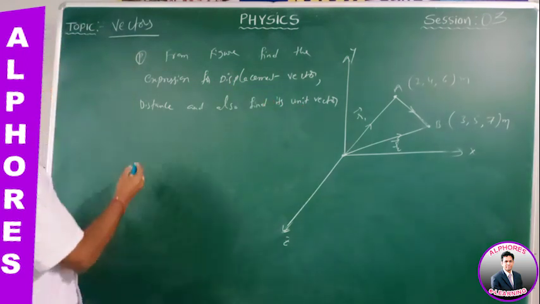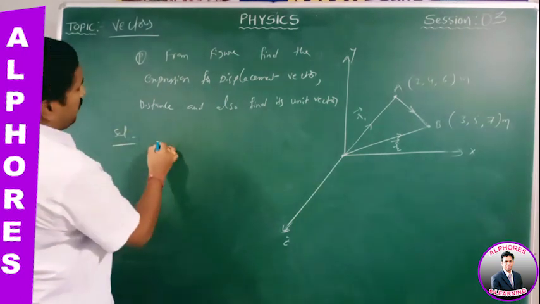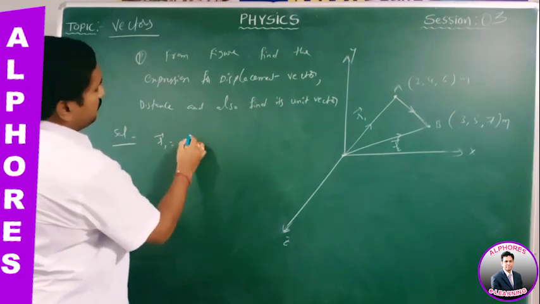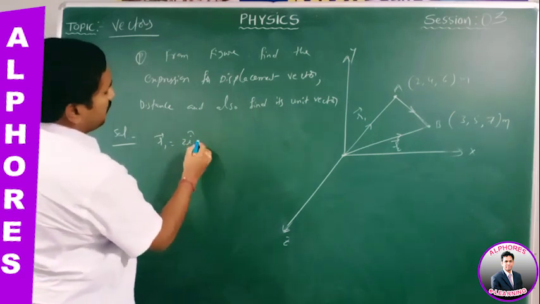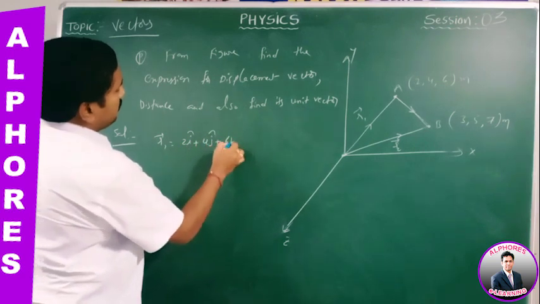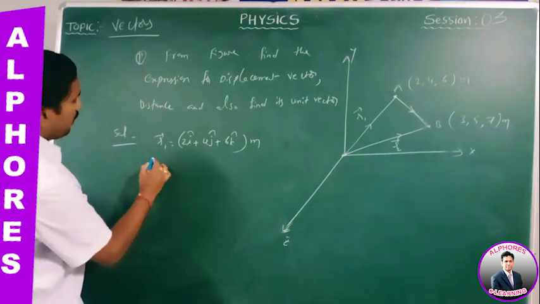Now how to solve this one again? According to the concept of position vector, what is the position of the first particle at point A? x1 i cap plus y1 j cap plus z1 k cap, meaning 2i cap plus 4j cap plus 6k cap meter. Now what is r2 bar here?